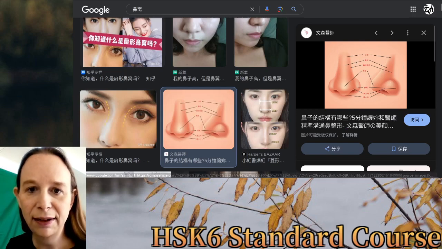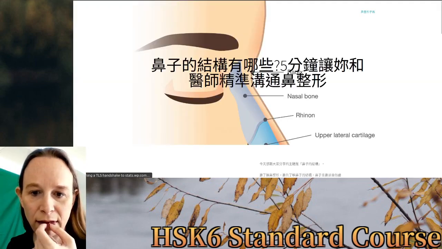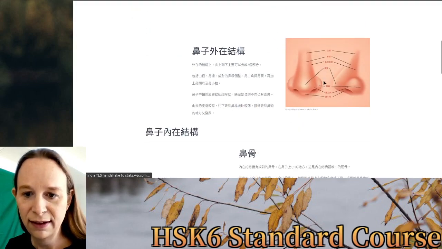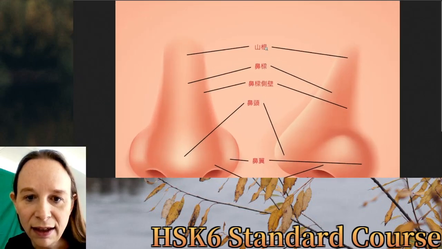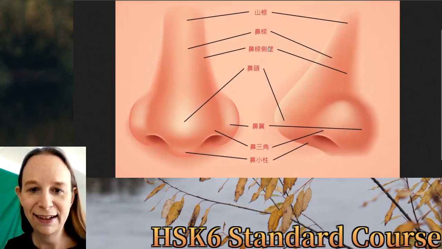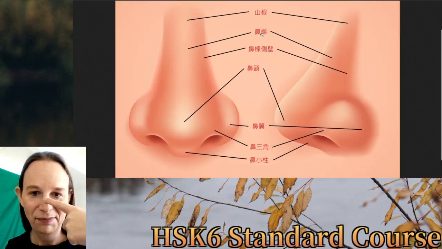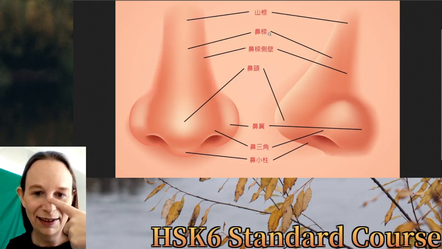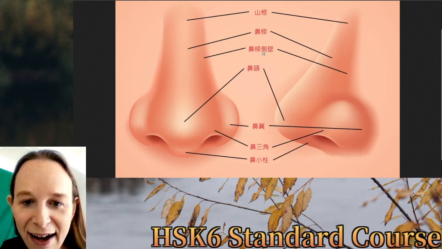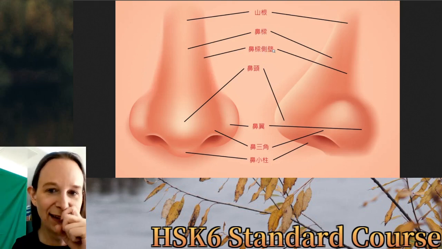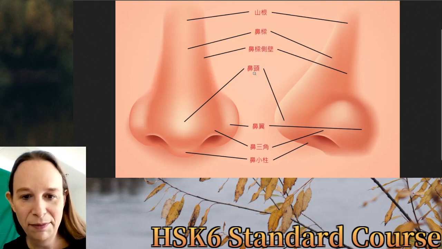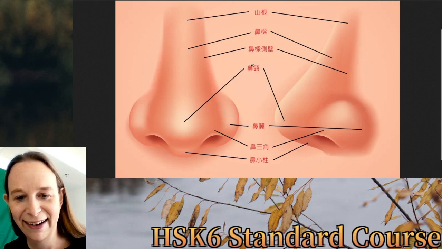Open image in new tab. I just want to see that image. Okay. 山根, this is my 山根. 鼻梁, the bridge of your nose. 鼻梁侧壁, okay, the sides of the bridge of your nose. What's that character? I don't know.